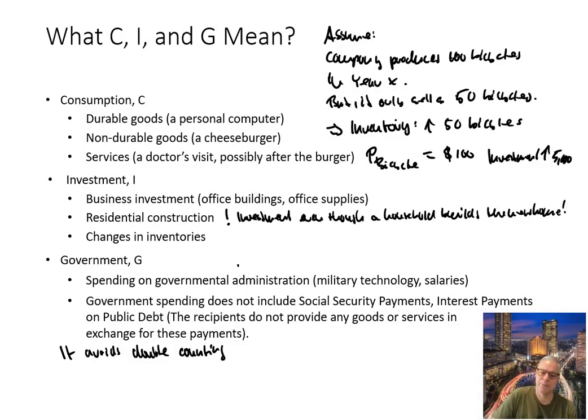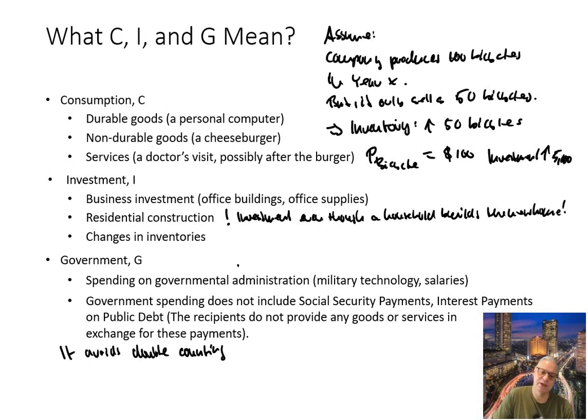Just for definitional clarity, the exceptions to government spending, which may take up a huge chunk of government spending, but which do not count directly as government spending, are social security payments and interest payments.